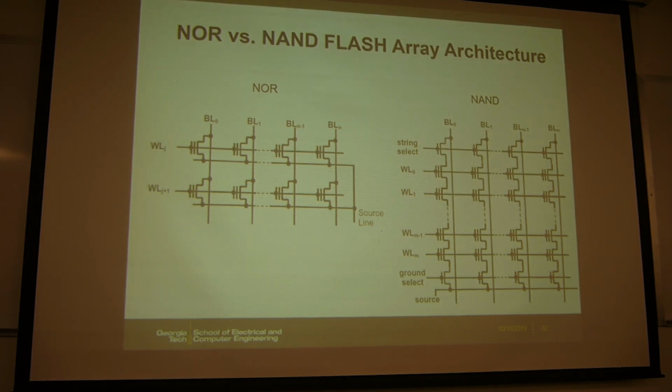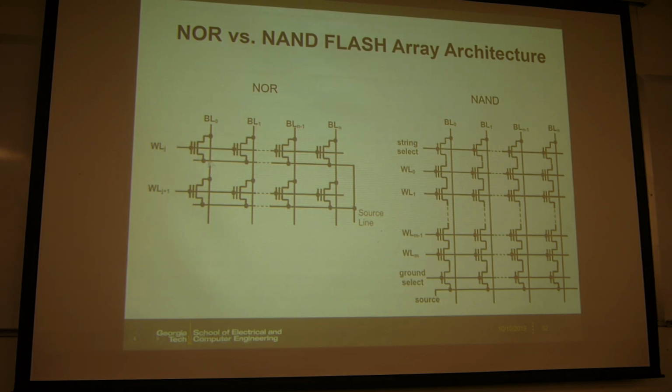So this is for standalone flash array, and the NOR and the NAND array architectures are different because the basic cell is still the same, this floating gate transistor. The only difference is how you connect the word line and bit line to the floating gate transistor.